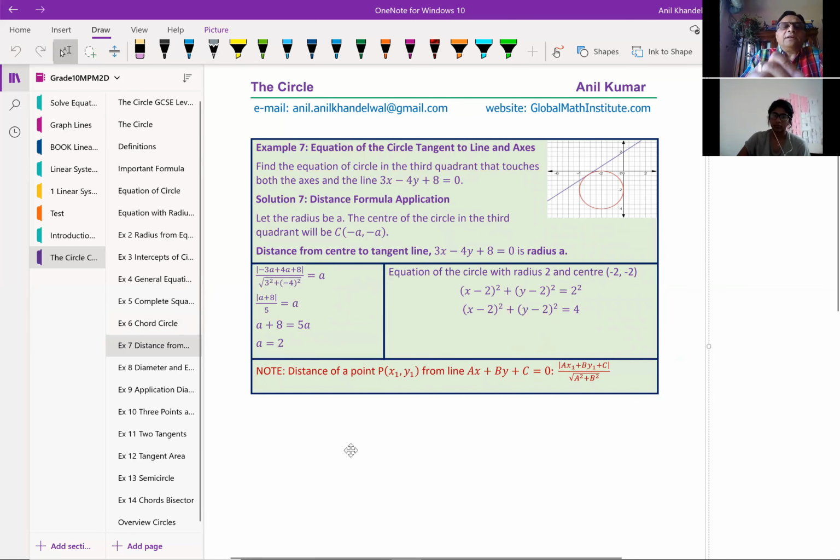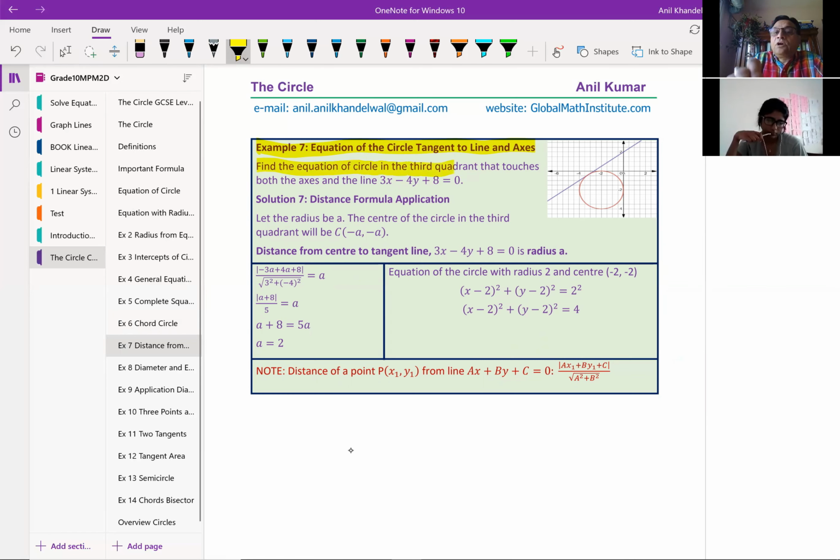Example 7 here is the equation of a circle tangent to a line and the axes. So it got kind of complicated all of a sudden. We're talking about finding the equation of a circle in the third quadrant. This is your third quadrant, correct?